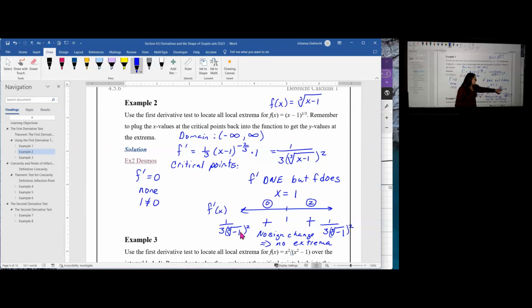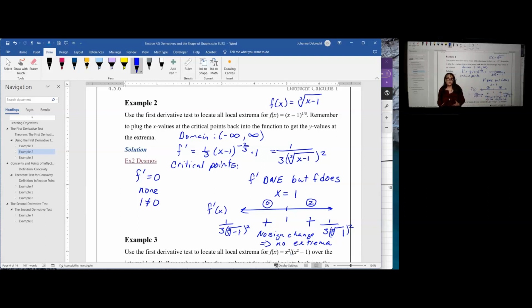On the opposite side, I have 2. And when I substitute that into the function, looks like I wrote them opposite. I get 2 minus 1, which is 1. Not sure what happened to the signs there. And I end up with, again, 1/3. In other words, it is increasing on both sides of the critical point.